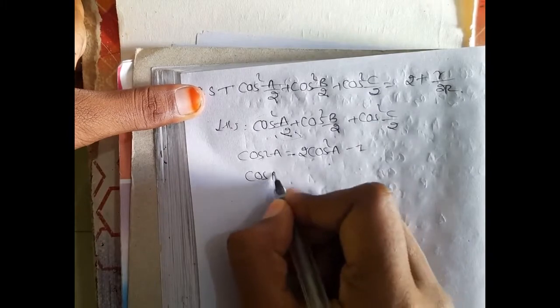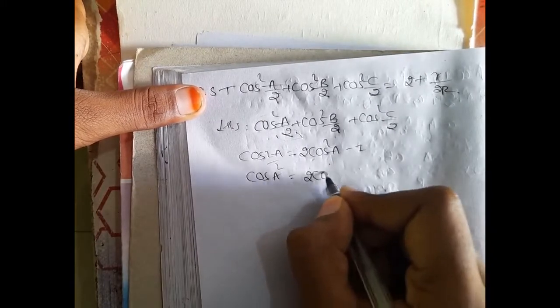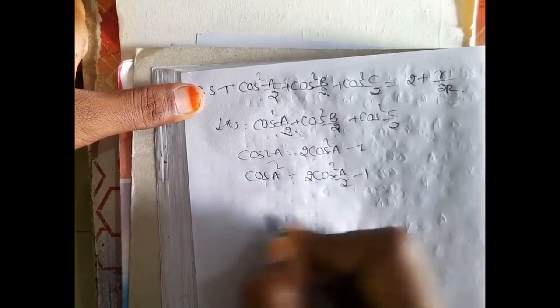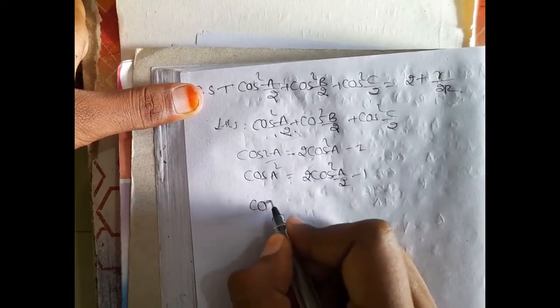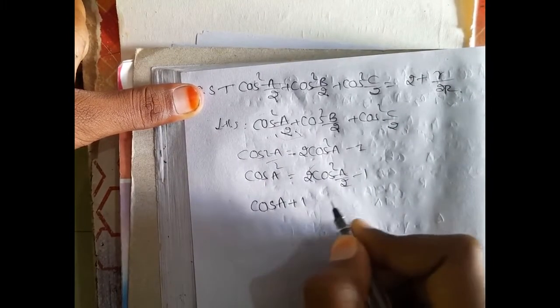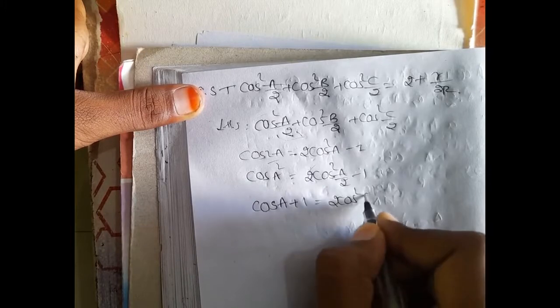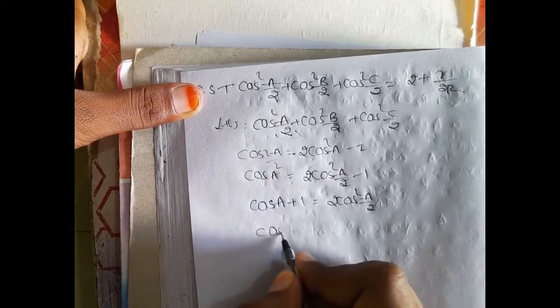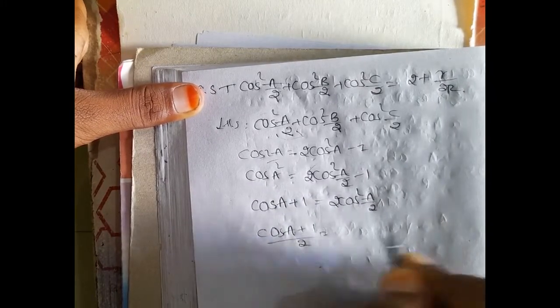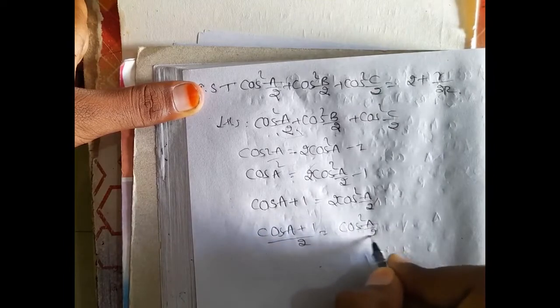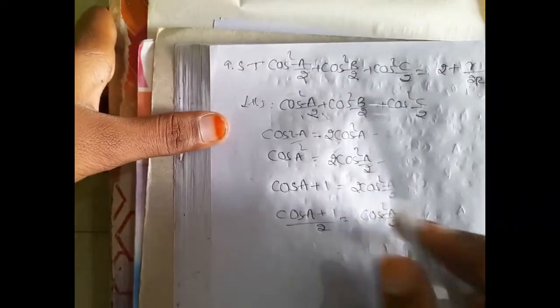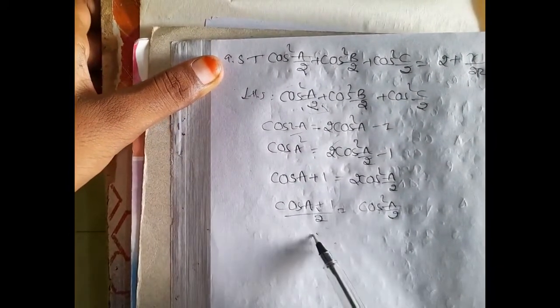So dividing the angle by 2, cos a plus 1 equals 2 cos square a by 2. Then cos square a by 2 equals cos a plus 1 by 2. In the same way, cos square b by 2 equals cos b plus 1 by 2, and cos square c by 2 equals cos c plus 1 by 2.